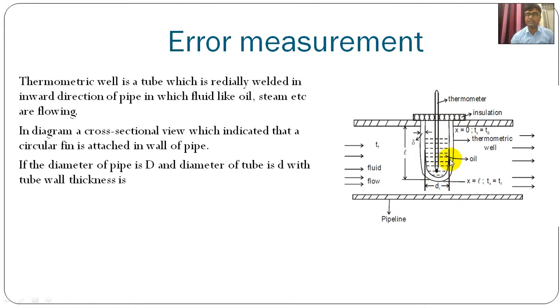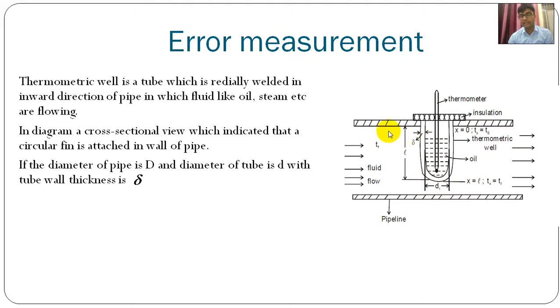Observe my cursor, and it has internal diameter Di. I am writing this D, but it is a Di, and the thickness of the wall of the tube is del. Clear?